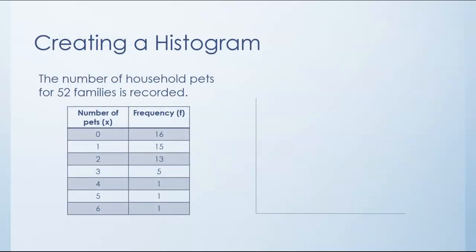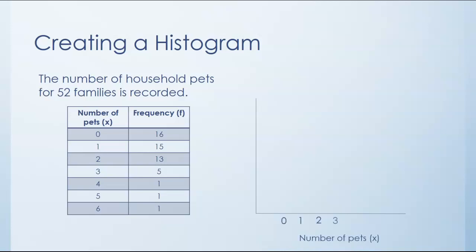So let's talk about this first histogram. Again, we're going to use the number of pets for 52 families that we did in our first video for this chapter. So we've got our frequency distribution here. We've got our 0 through 6 pets and then our frequencies for each one of those. Along the x-axis, or the horizontal axis, we're going to put the number of pets.